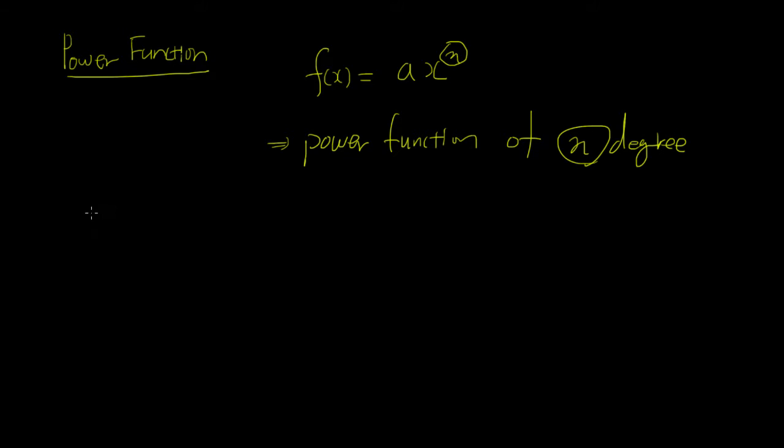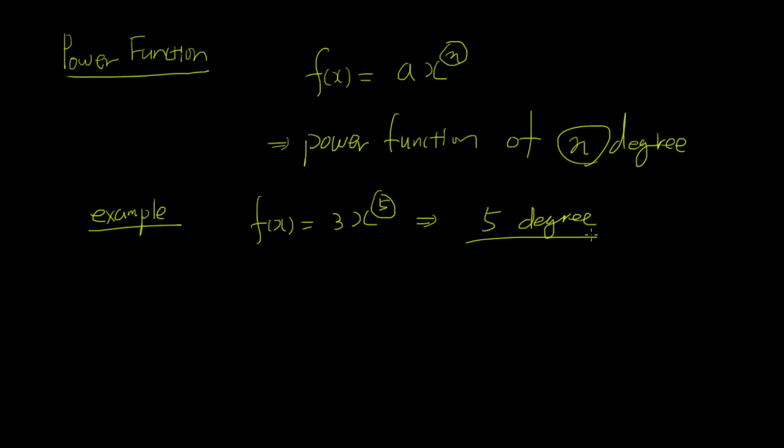For example, if we have f(x) equals 3x to the 5, this is a power function of degree 5. No big deal. It just has a single term, and that exponent is going to be the degree of that power function.